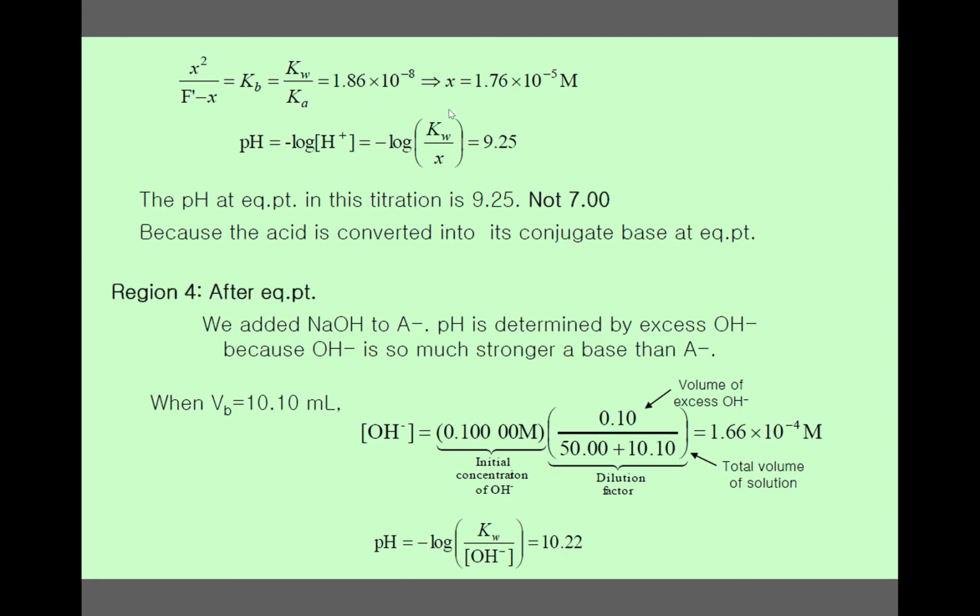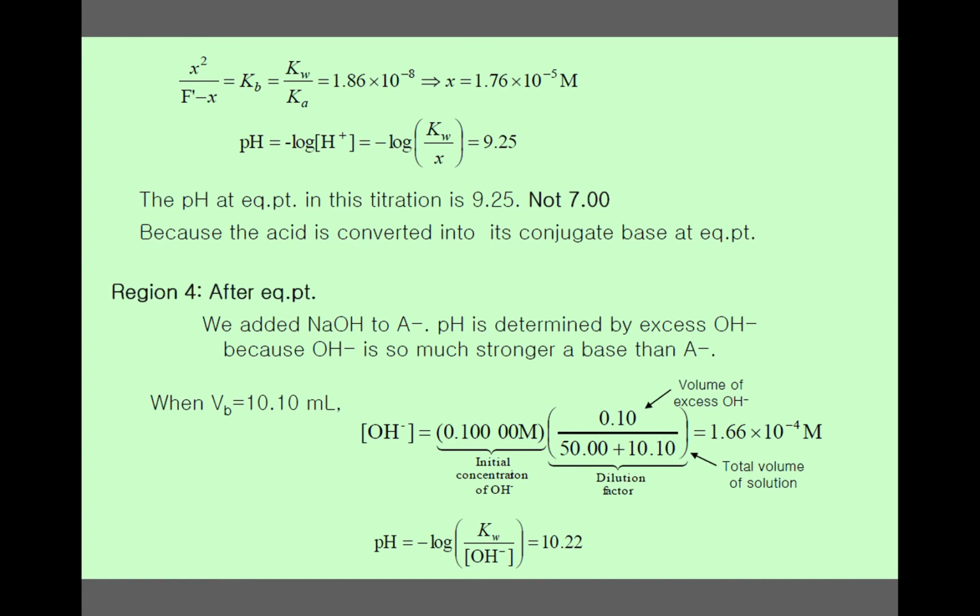Then we get the X value, which is 1.76 times 10 to the minus 5 molar. This is the hydroxide ion concentration. So we can calculate pH: minus log of Kw divided by this hydroxide ion concentration, and then the pH is 9.25, which is the pH at the equivalence point.